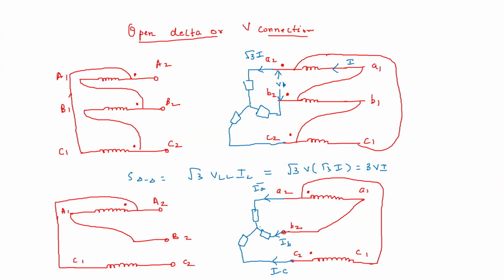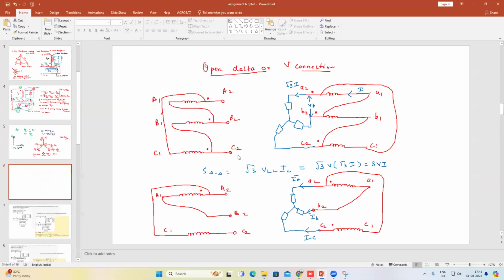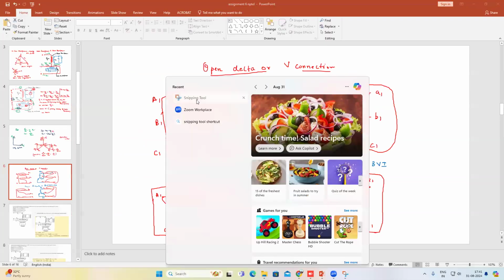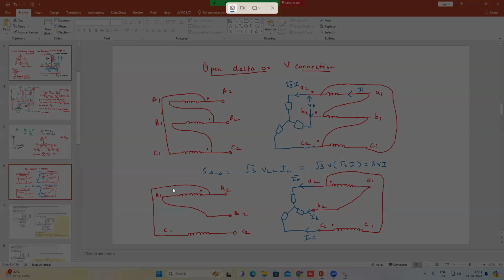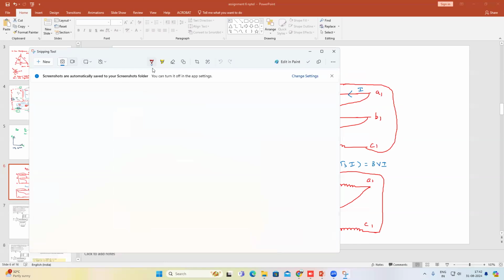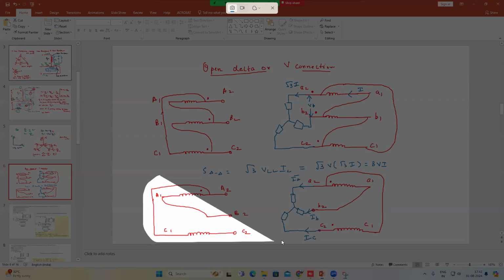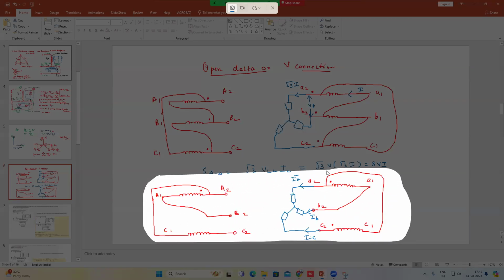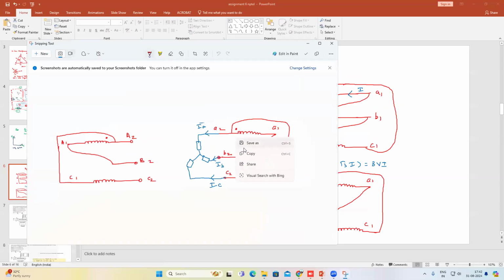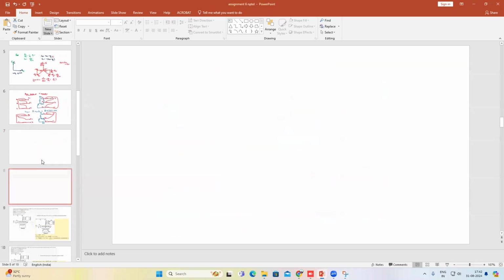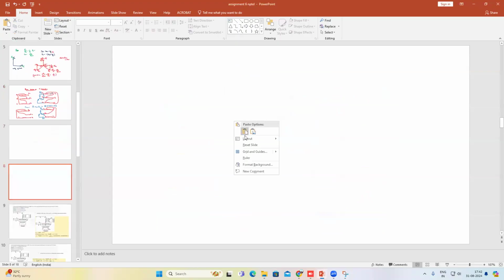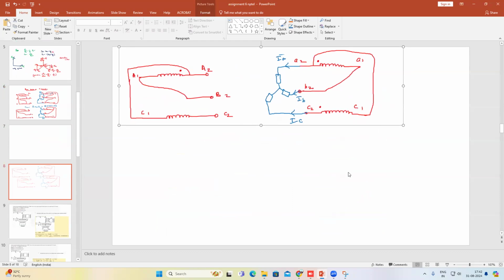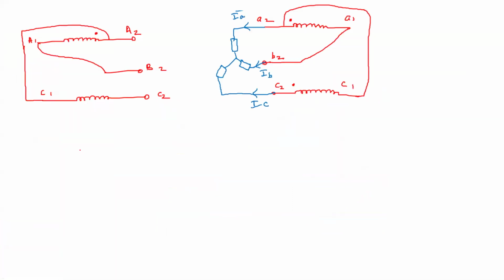So again, let us take that there. So let us write down how we can calculate the power.